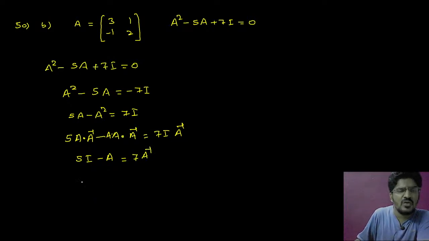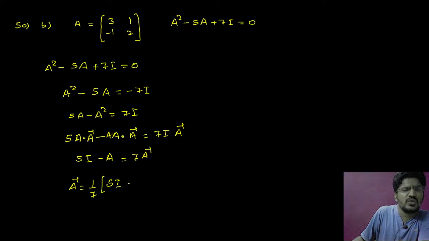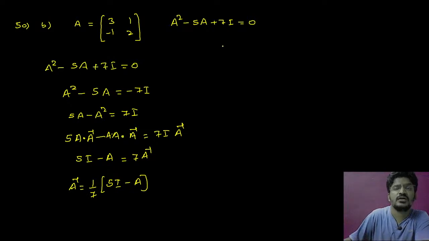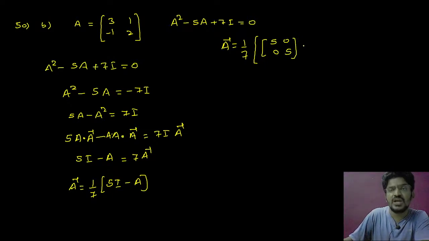Okay. So now you can just see a inverse is going to be equal to 1 by 7 times of 5I minus a. So therefore a inverse equal to 1 by 7 times of 5 into I, which is 5, 0, 0, 5, minus a. Minus a is given as 3, 1, minus 1, 2.